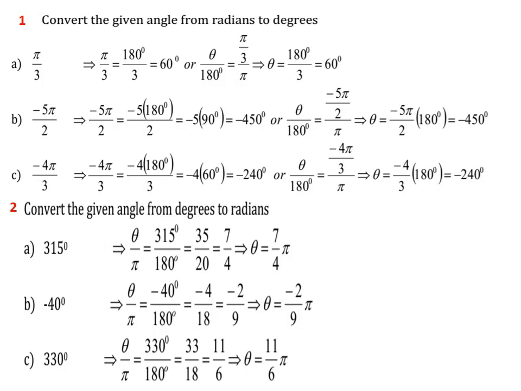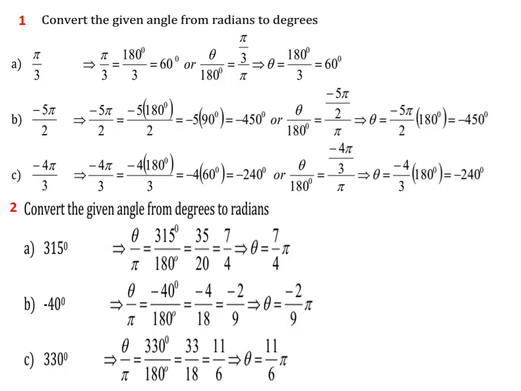In other words, since pi is 180 degrees, we can substitute pi by 180 degrees, so pi over 3 is the same as 180 degrees over 3, which is 60 degrees.